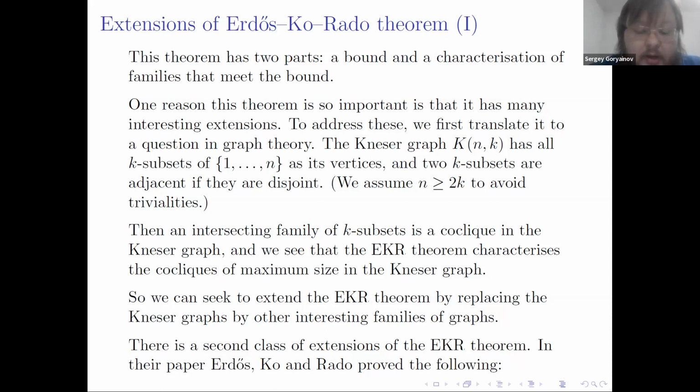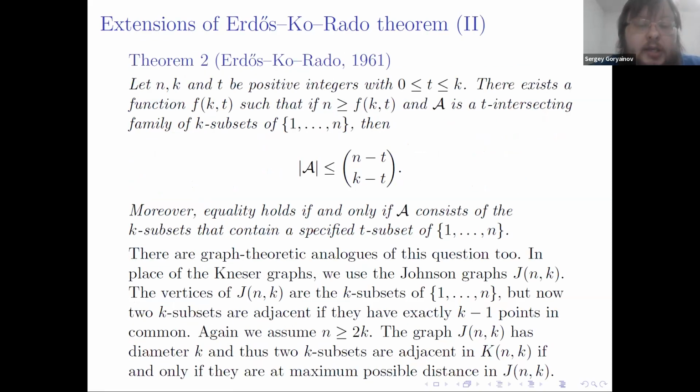In their paper, they proved the following. Let n, k, and t be positive integers with the property that t is between 0 and k inclusive.